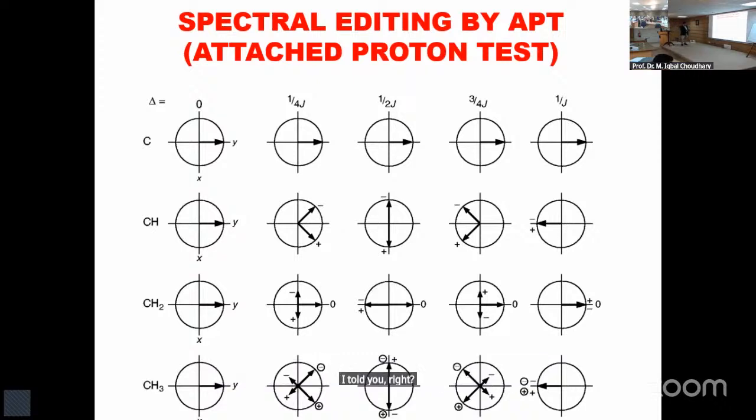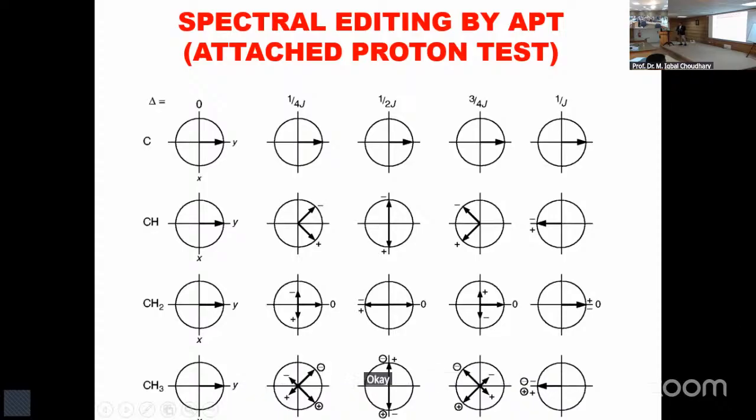This poor CH, which is split into 2, these 2 signals after this time will merge on negative Y. This CH2, which is a triplet, will go all the way, complete the circle, and merge at positive Y. This CH3 will complete 1.5 circles and merge at negative Y.